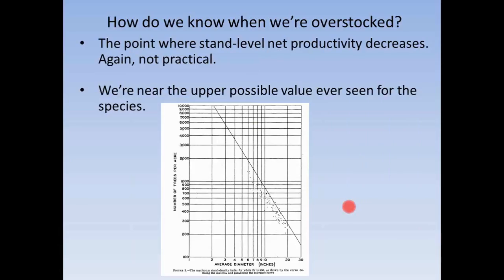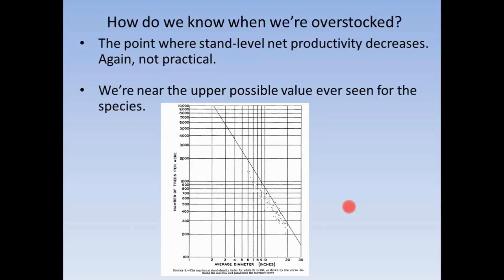Again, it's not practical. We don't follow trees in productivity, it's hard to know when trees have died, whether it's density-dependent mortality or other sources of mortality. So I'm pointing these out because we were trying to capture sort of an ideal, but we end up with something else. Well, there's been another way of deciding when we're at that point of maximum density, or at least close to that point of maximum density, or overstocked. And basically, it's an empirical approach.